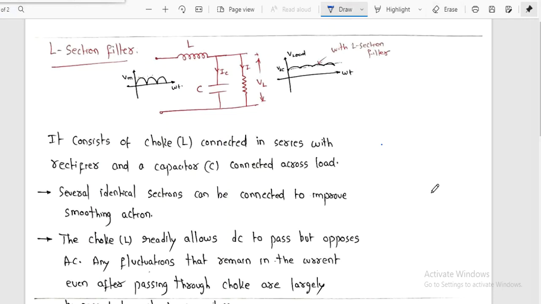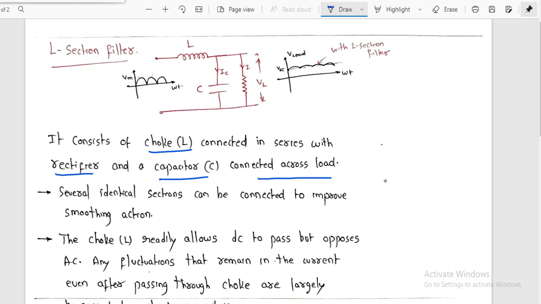Now if we observe the previous discussion, in the inductor filter, the inductor is connected in series with the load resistance RL, whereas in the capacitor filter, the capacitor is connected in parallel to the load resistor RL. Now the L section filter consists of both an inductor and a capacitor, where the choke L, the inductor, is connected in series with the rectifier and the capacitor is connected in parallel across the load.